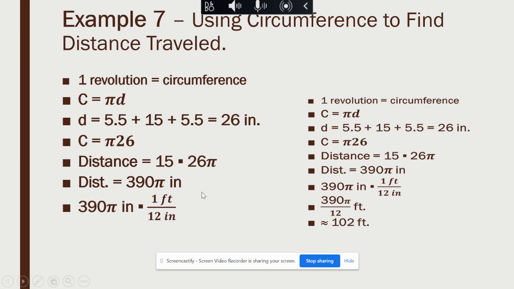I got 1 foot on top, and I get 390 pi divided by 12. So there's our answer in terms of pi. The last step I want to take is doing that multiplication with pi to avoid my rounding errors. So I do 390 times pi divided by 12, and I get my final answer of 102 feet, approximately, because it said round to the nearest foot.